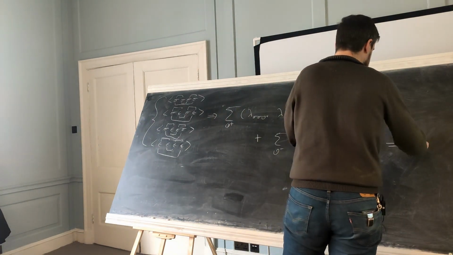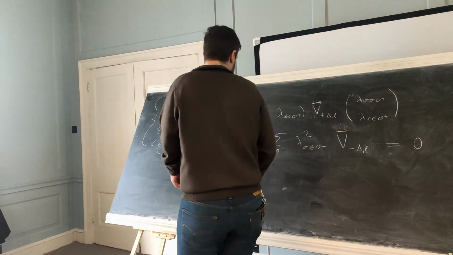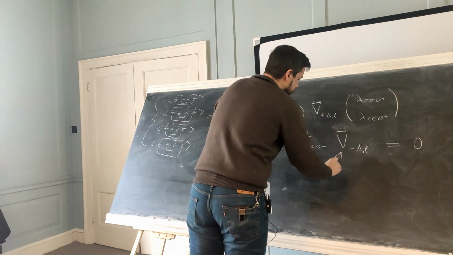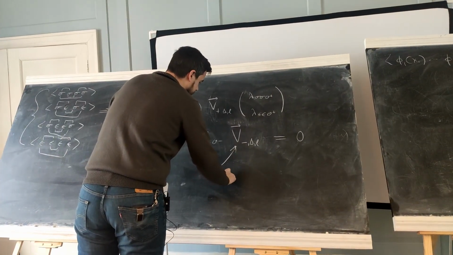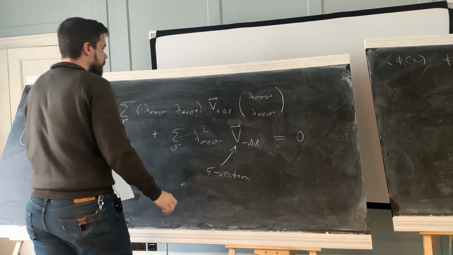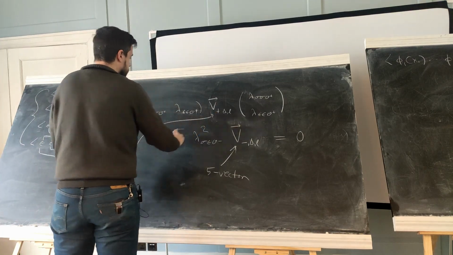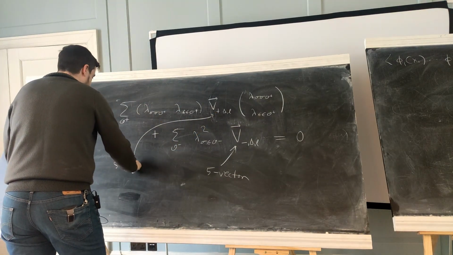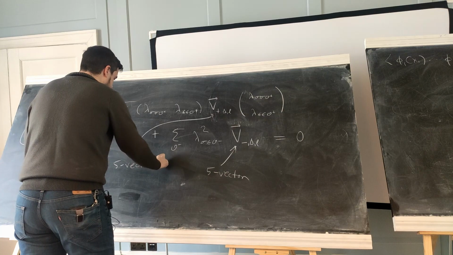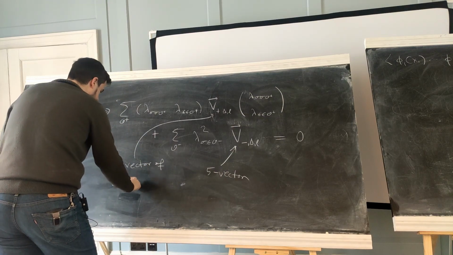Right, this is 0 where this is a 5 vector and this is a 5 vector of 2 by 2 matrices.